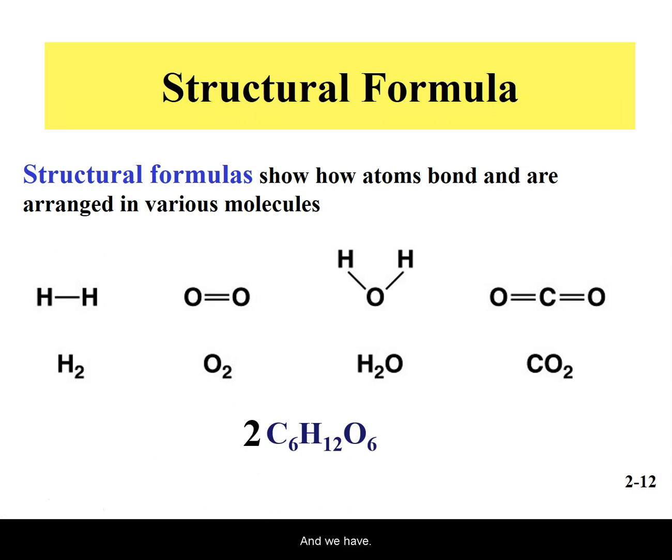And if we add a 2 in front of it, we have 2 molecules of glucose. So this number tells us how many of these molecules we have. So in 2 molecules of glucose, we would have 2 times 6, 12 carbons, 2 times 12, 24 hydrogens, 2 times 6, 12 oxygens.